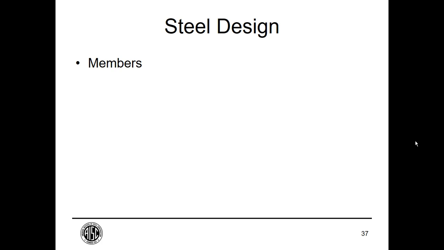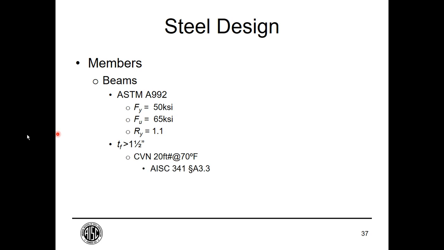Okay, we need to specify materials that we'll be using in the design equations in the coming weeks. Beams, ASTM A992 with a yield strength of 50 ksi. We also have the Ry factor that we'll be using to get expected strength of those elements. For the heavier sections that have a flange thickness greater than 1.5 inches, we have to specify a minimum Charpy V-notch toughness.